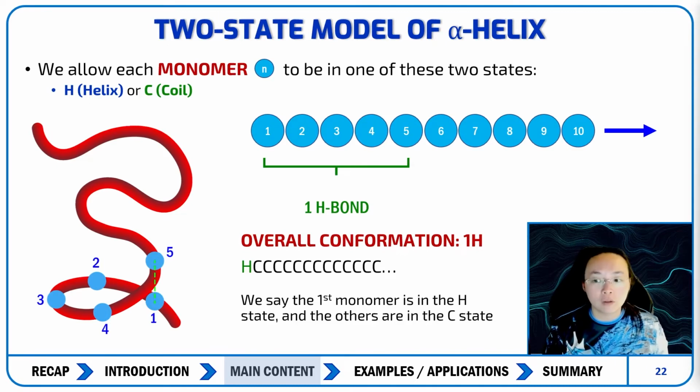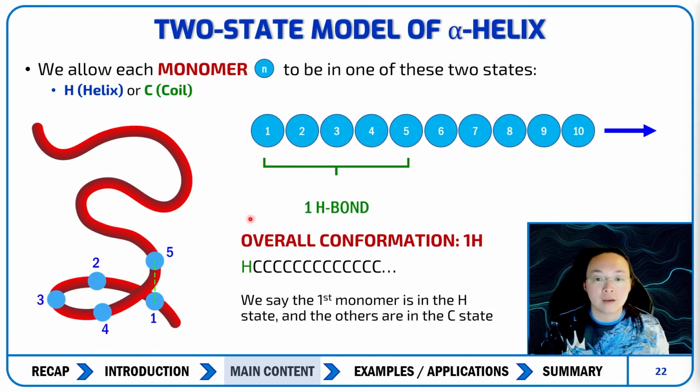And the overall conformation is called 1H. That's because there's one hydrogen bond, and it's the first monomer that is in the hydrogen bond pair that's counted. So essentially, if I have this sequence here, 1, 2, 3, 4, 5, it's the first monomer that starts the hydrogen bond that's counted as an H for helix.